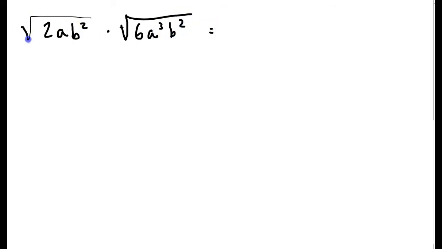Now on this one, all I want you guys to do is just multiply those together and see what happens. And then once you've done that, let me know what you get. Because remember, you multiply like terms under the radical, so then you get one radicand.